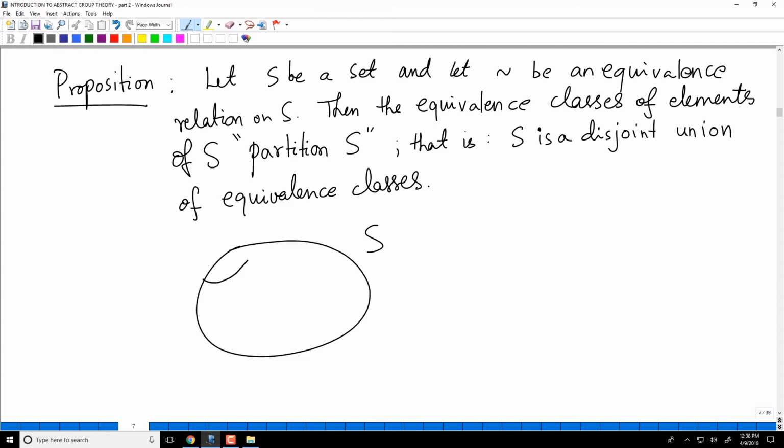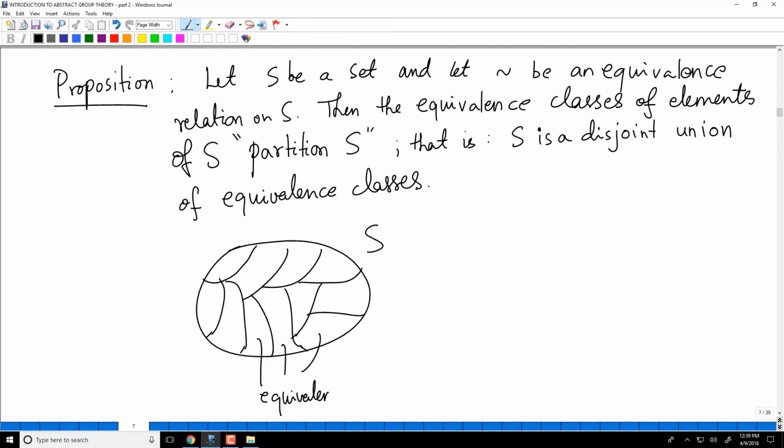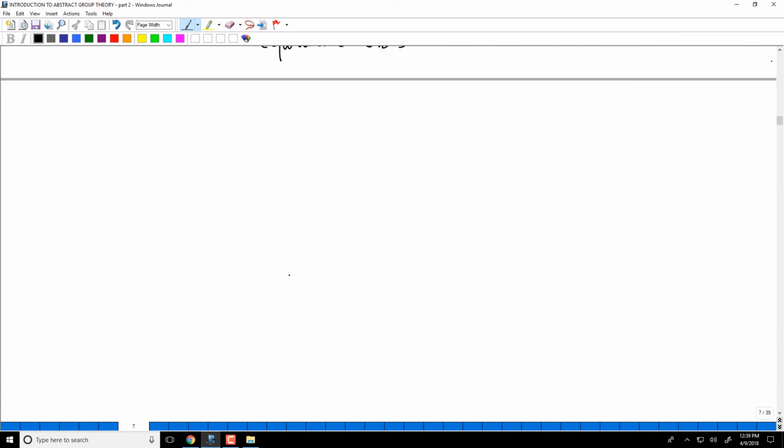Then if you take equivalence classes, they may coincide but there will not be intersections for two distinct classes. So they partition the set, meaning every element in the set is in one of the equivalence classes and there is no common element between two distinct equivalence classes. So this is the proposition.